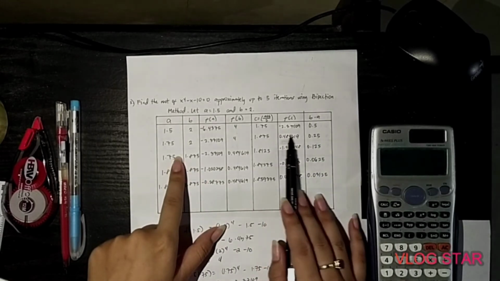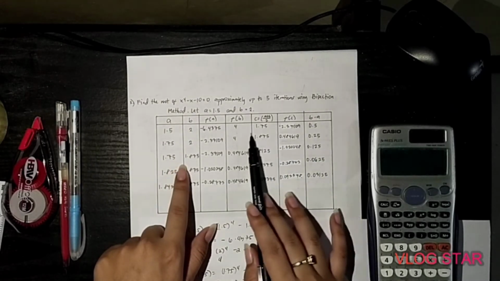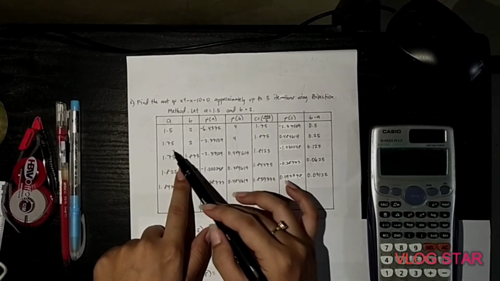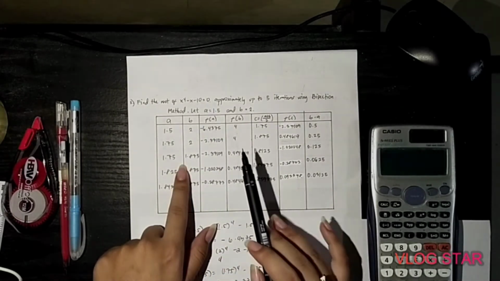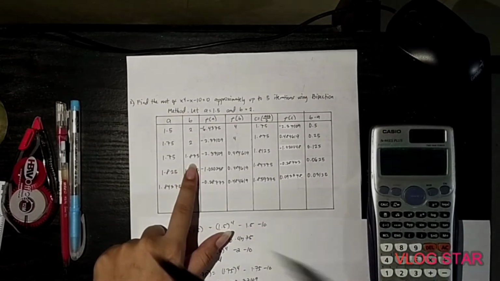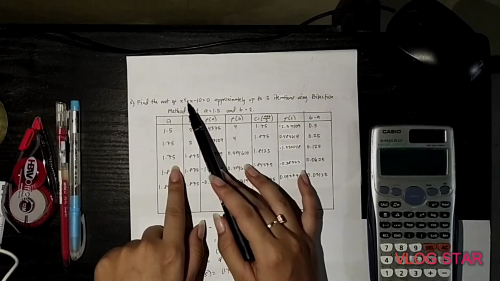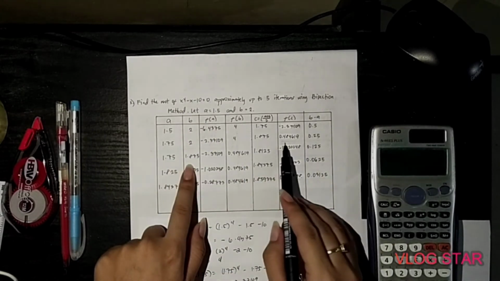So this time the b will change to the value of c. So substitute. A will remain the same, the f of a will remain the same, but the f of b, of course, will change. So substitute this value to the value of x in the function, and you're going to have this.